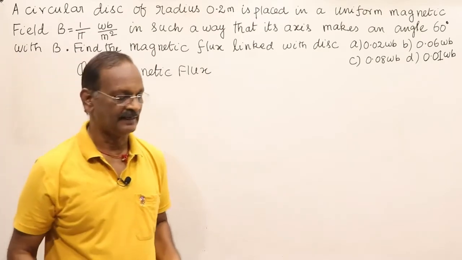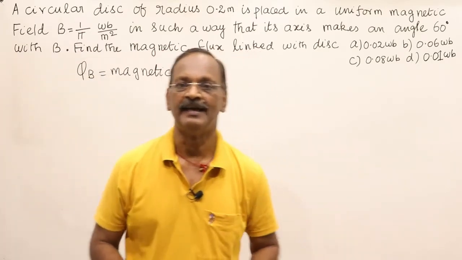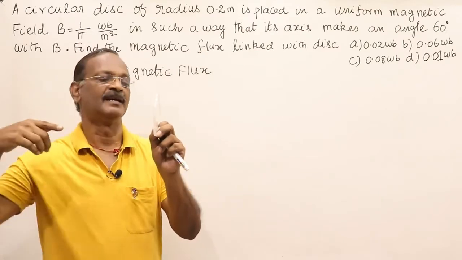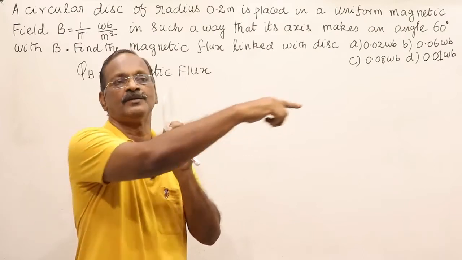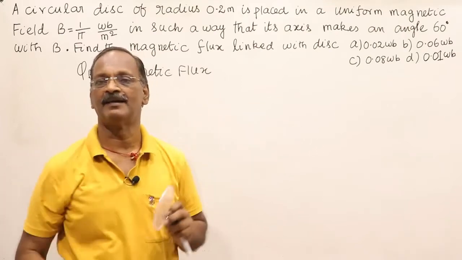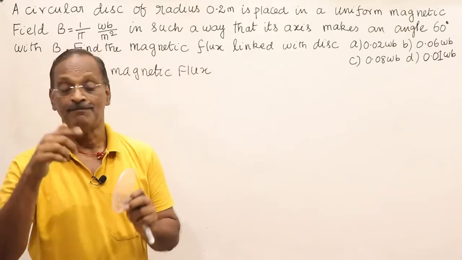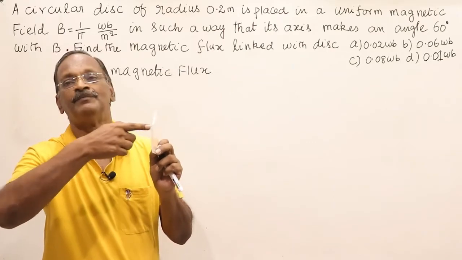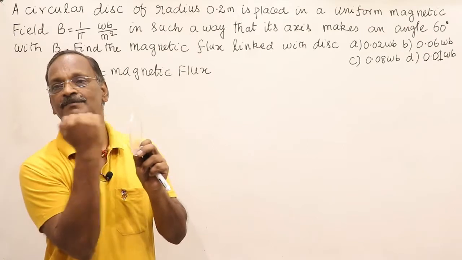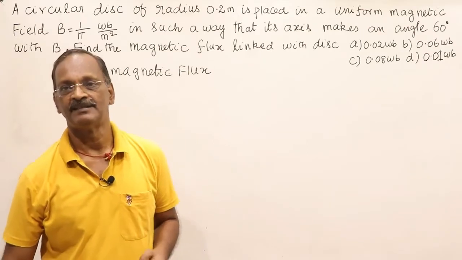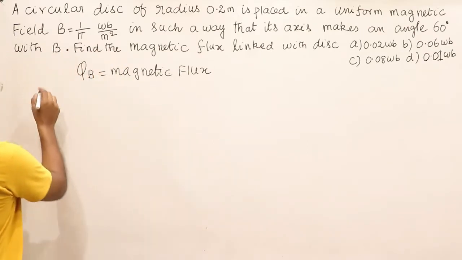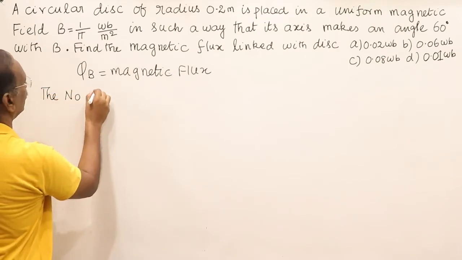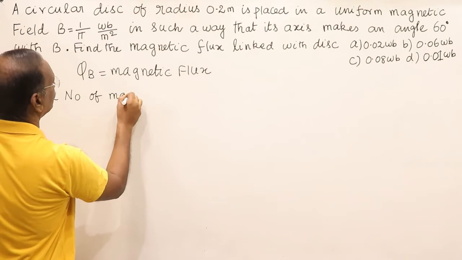Suppose an area is given, say a circular area, and the magnetic field is flowing in this direction. It means the number of magnetic field lines is passing perpendicular, normal to the surface.